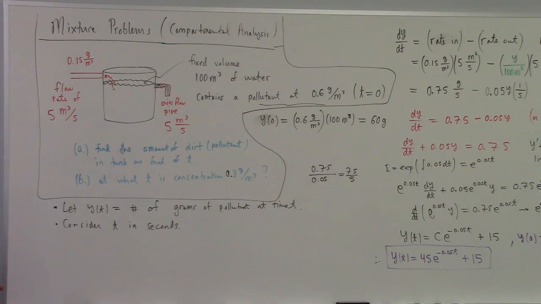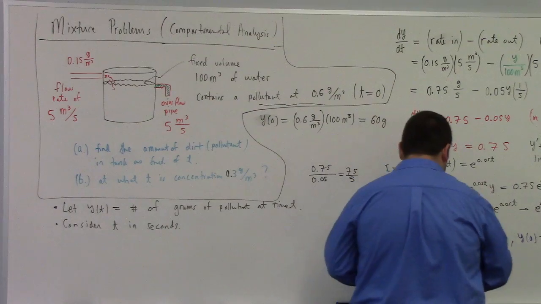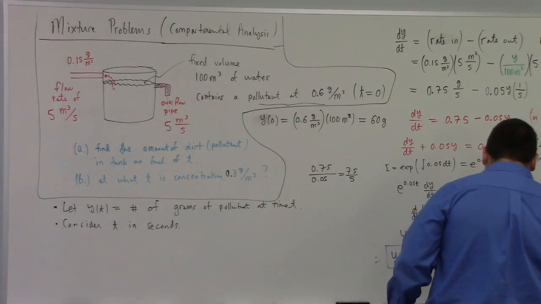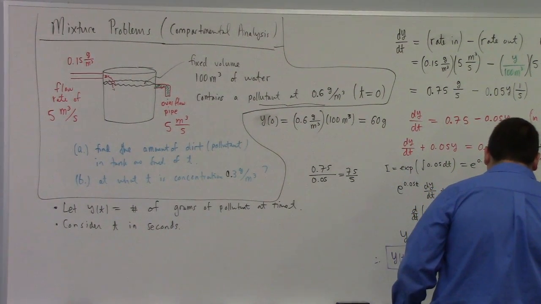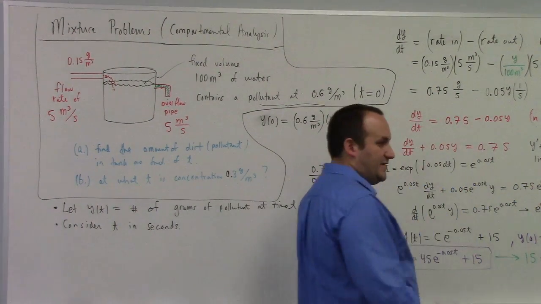So does this make sense? Is this physically reasonable? What happens as time goes to infinity? The solution goes to what? What's the so-called steady state solution here? Right, so we go to 15. That's basically what you might call y of infinity. Does that make sense?